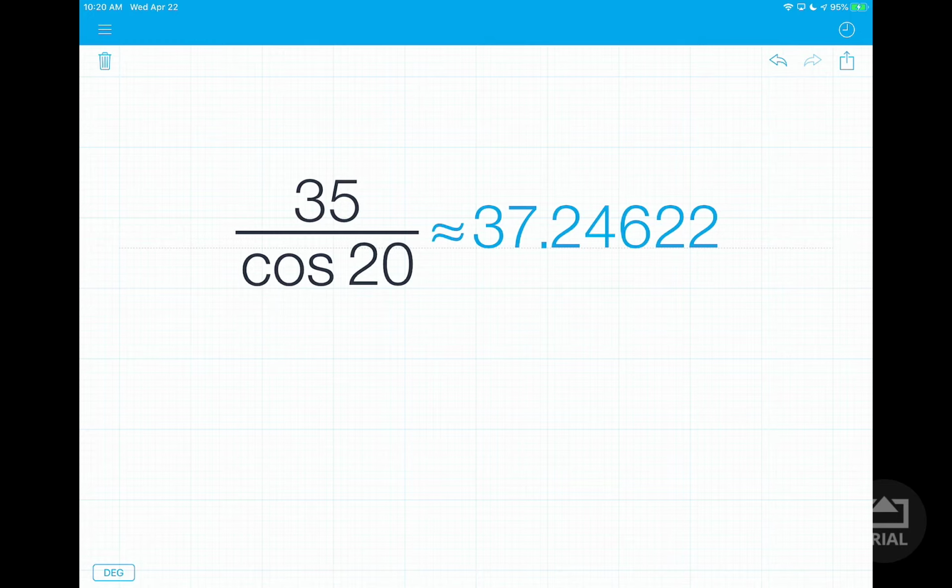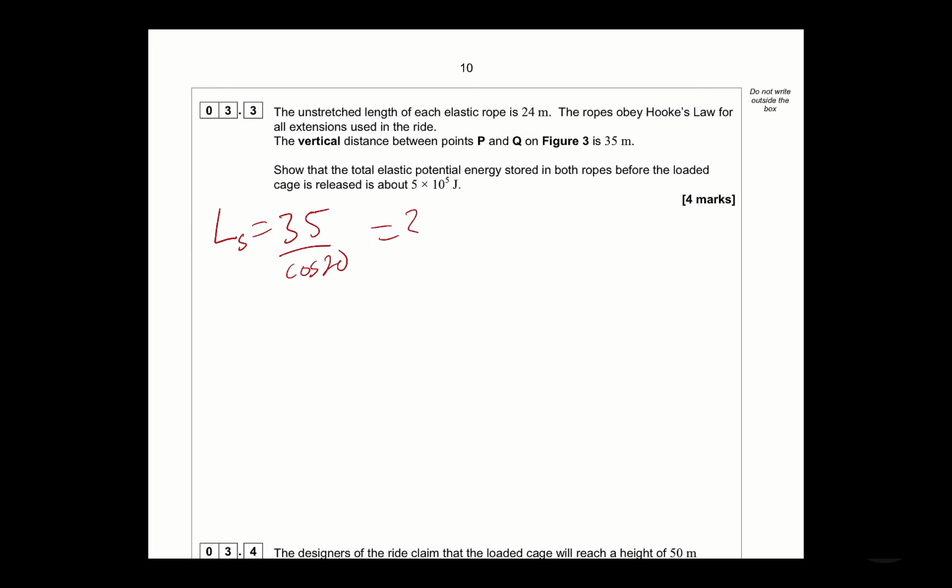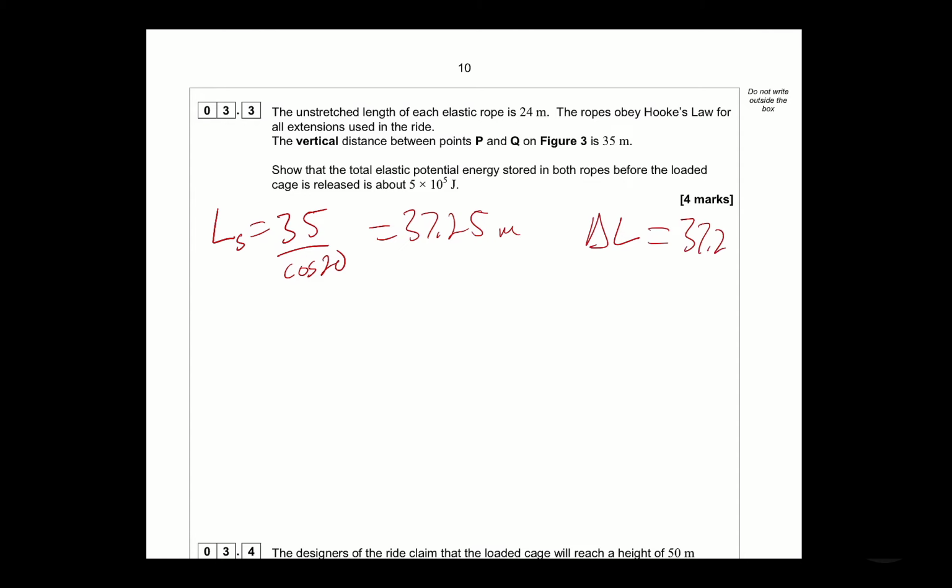So 37.25 meters. And that means that our delta L is equal to 37.25 minus the unstretched length, 24, which is 13.25 meters.